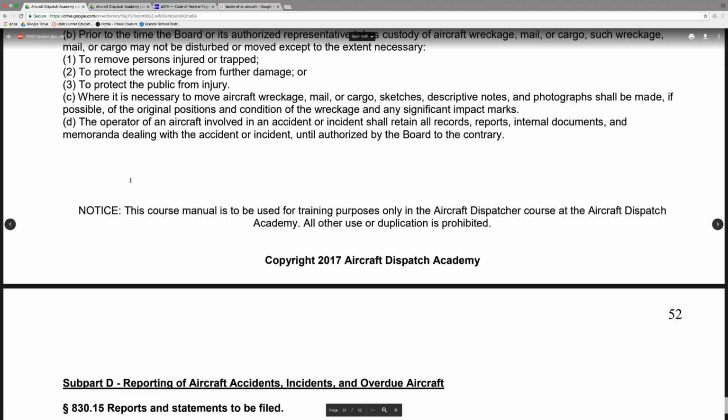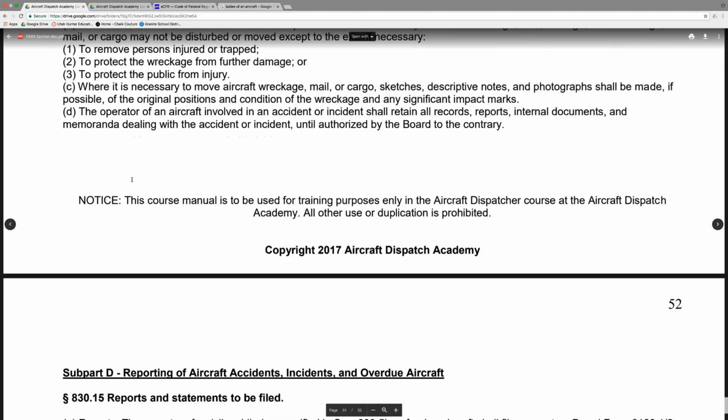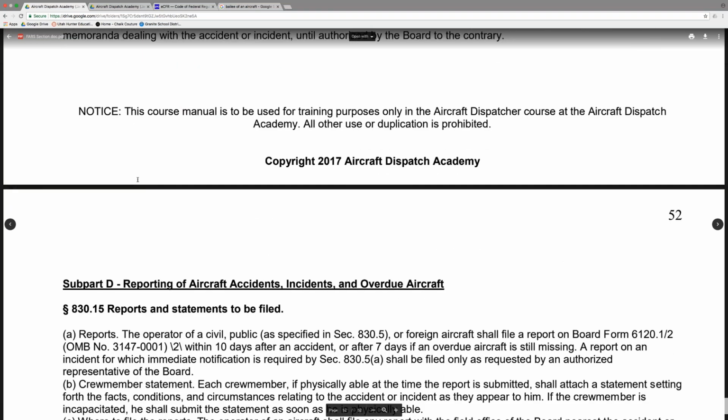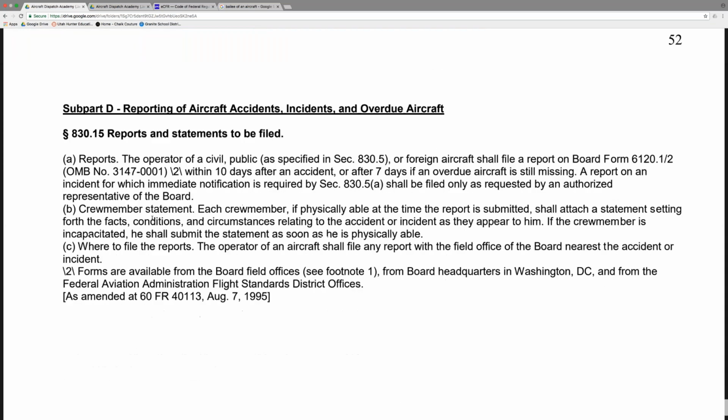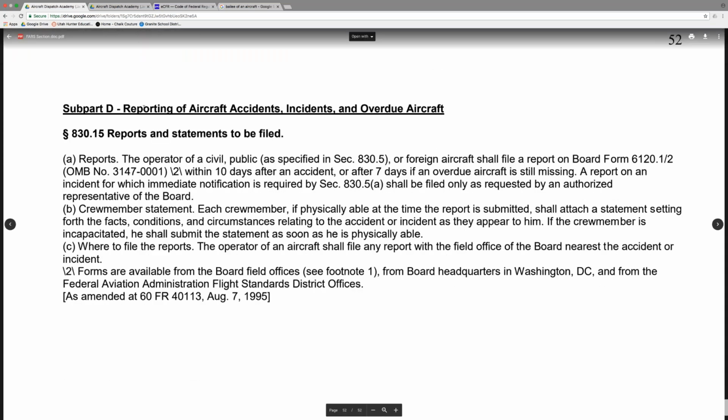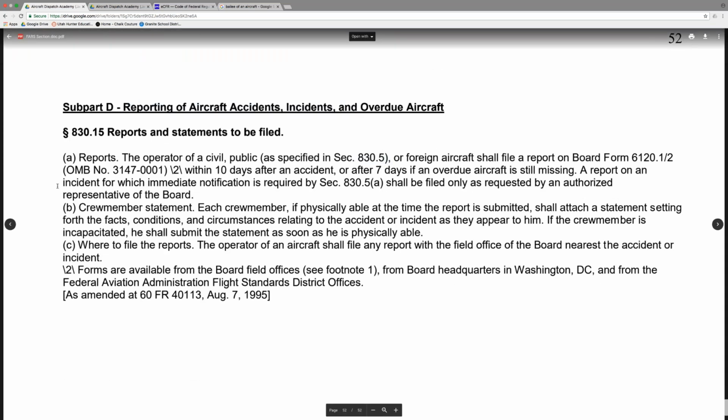Anyways, general rule of thumb: see an airplane wreckage, just report it as soon as you can.